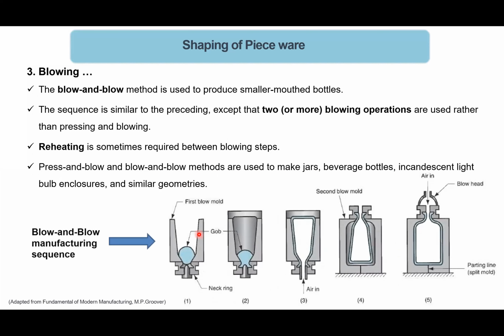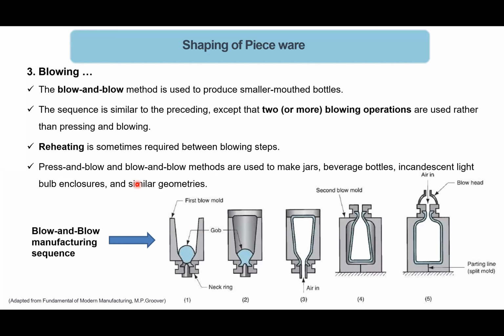For the blow and blow method, it's 2-step blowing. At the first step, you put the gob of glass in there, put the covering of the mold, and blow air to get the initial structure. Then you transfer this initial structure to the final mold, and do the blowing again, in 2 steps.